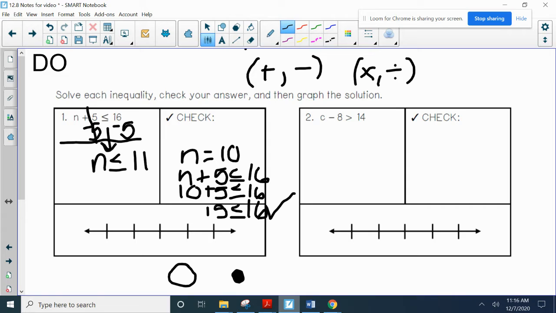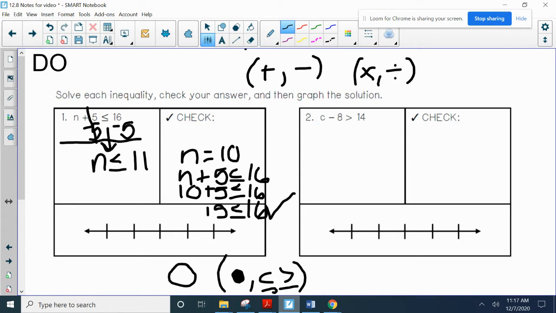Which one meant we included that number? And when we include that number, it is like in one where it said less than or equal to. So if it's or equal to, which one includes that number? Is it an open circle or a closed circle? That's right. A closed circle can be less than or equal to or greater than or equal to.